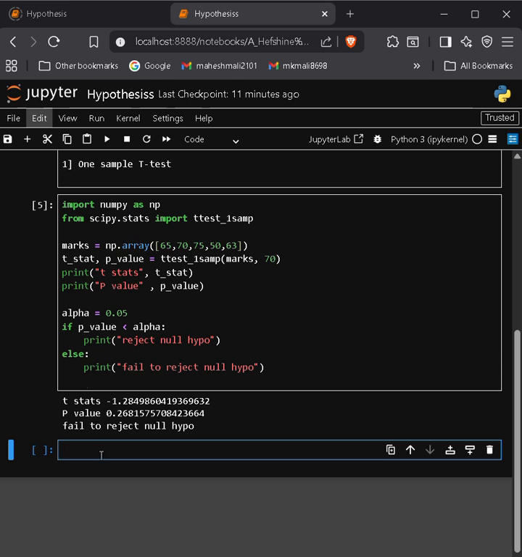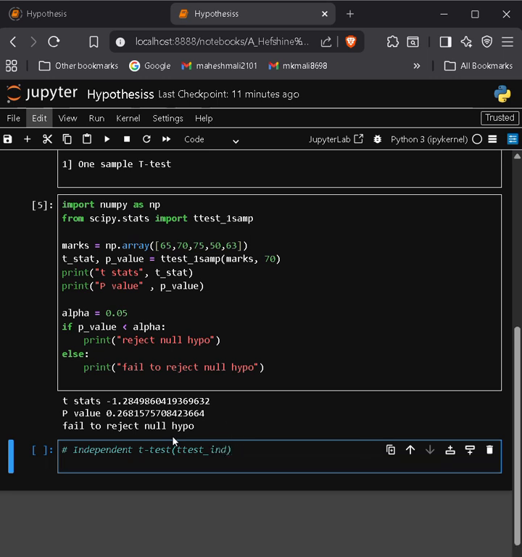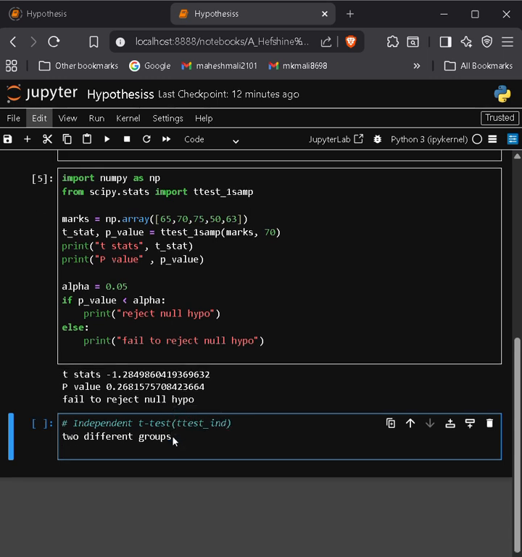Next, the second t-test is called the independent t-test. It is denoted ttest_ind. It is used for two different groups, boys versus girls, class A versus class B performance, something like that.